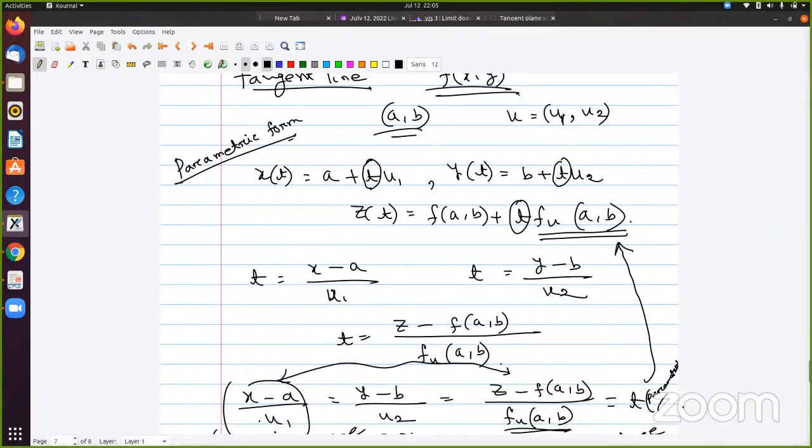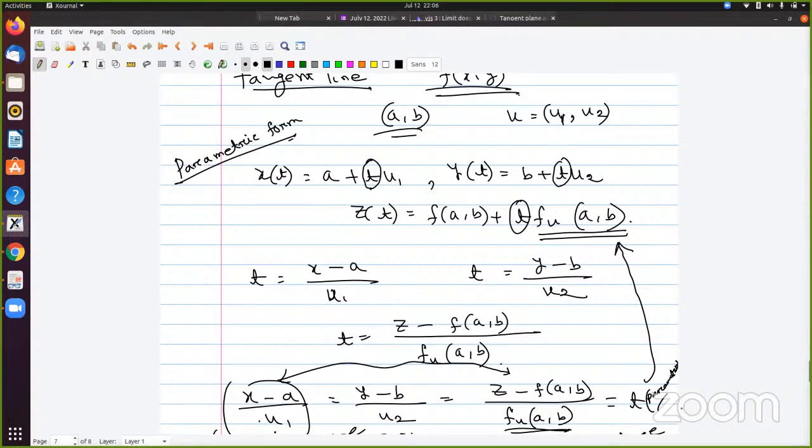But sir, why do we divide by the unit vector u1 u2? Why should we multiply? Suppose we want to go along a vector with unit vector u.